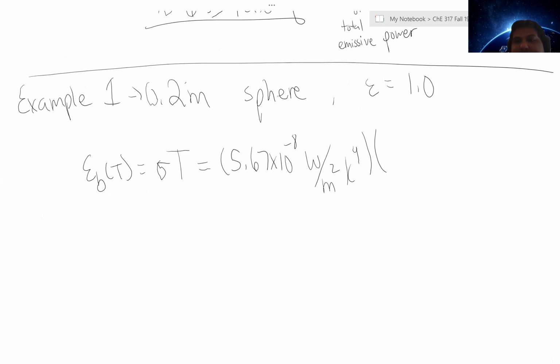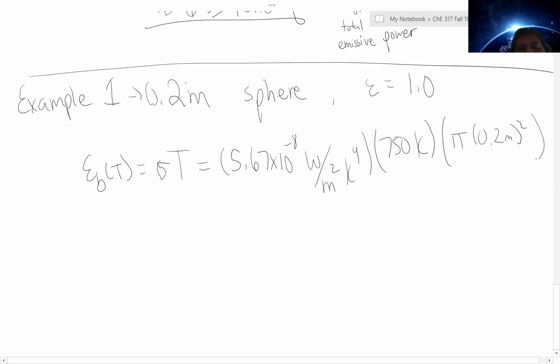The temperature is given as 750, and I need the surface area of a sphere, which I believe is pi d squared. Yep, or pi times 0.2 meters squared. And so this should give me units of watts.